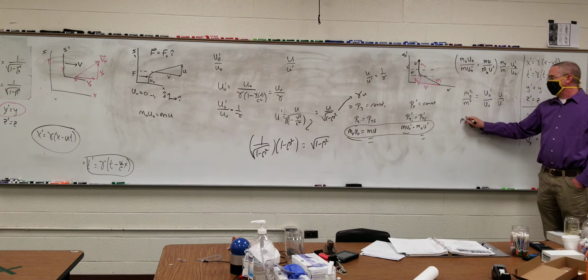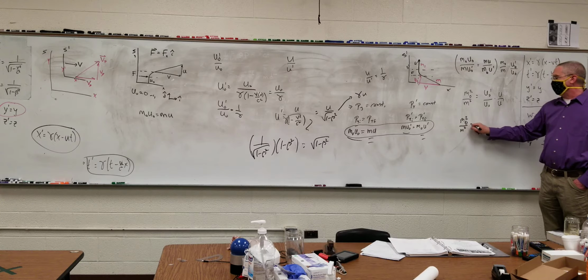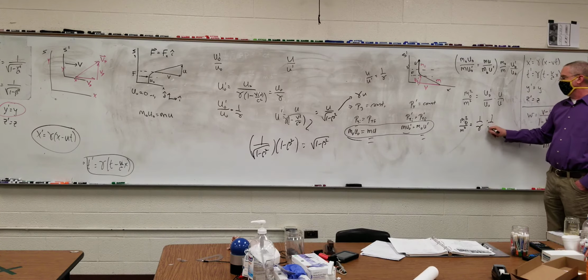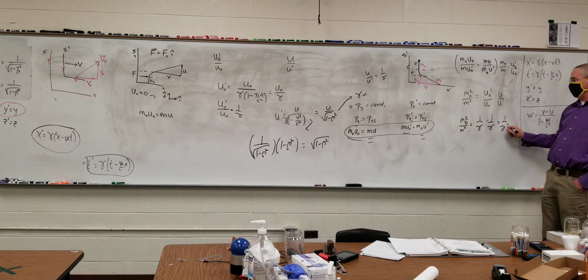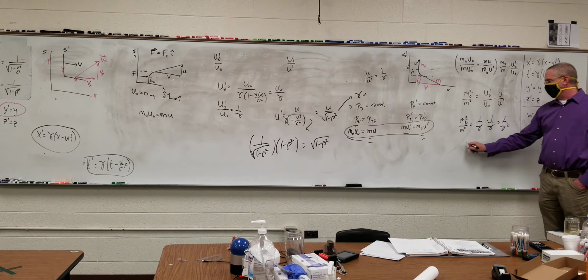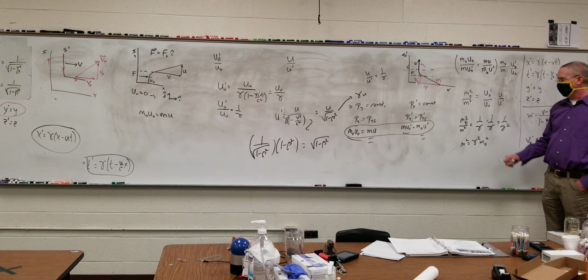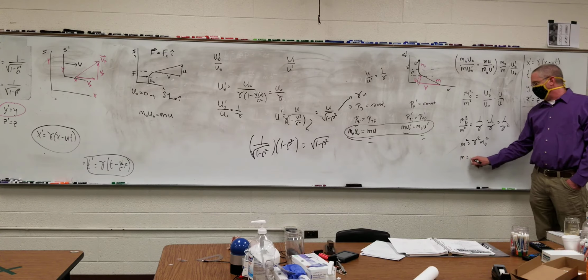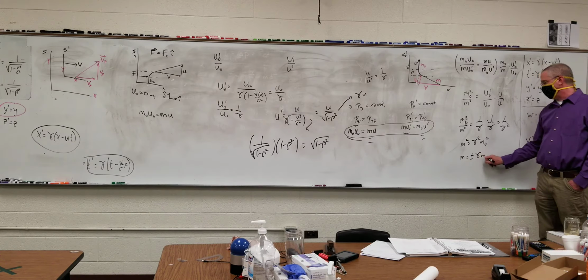So m naught squared over m squared equals 1 over gamma times 1 over gamma, which is 1 over gamma squared. Put in more traditional form, m squared is equal to gamma squared m naught squared. So m equals plus or minus gamma m sub naught.